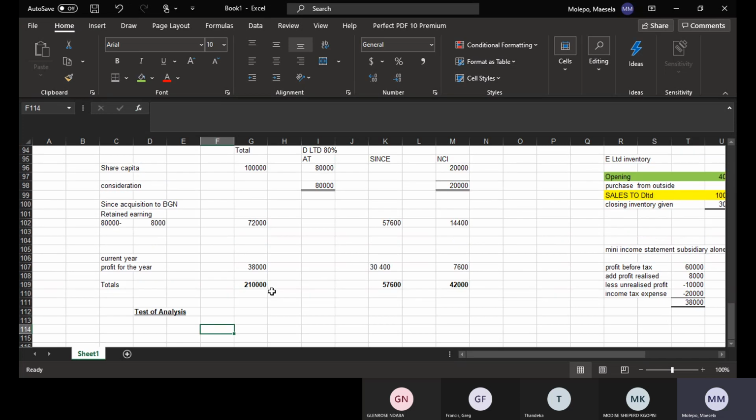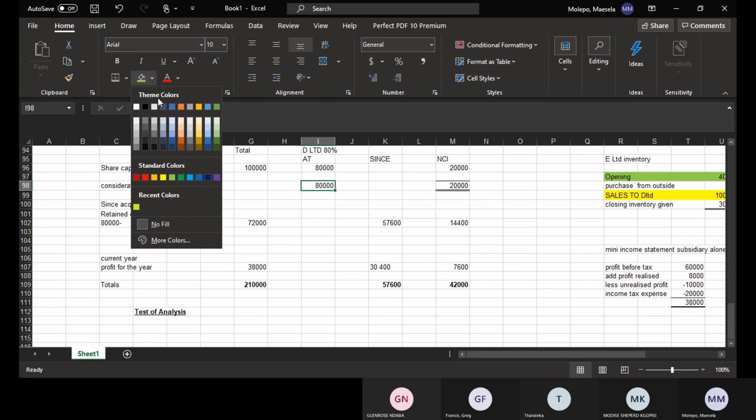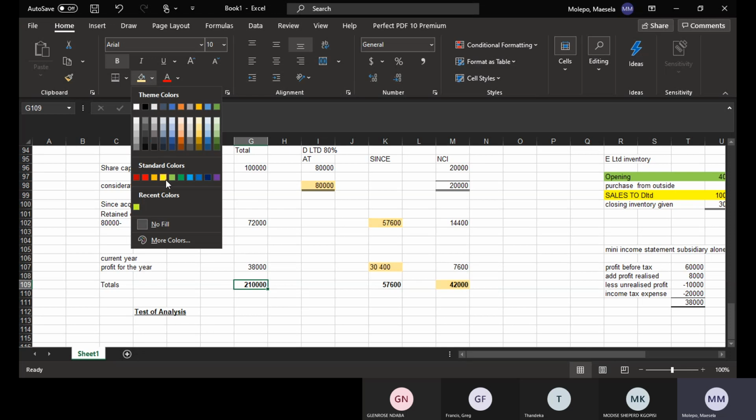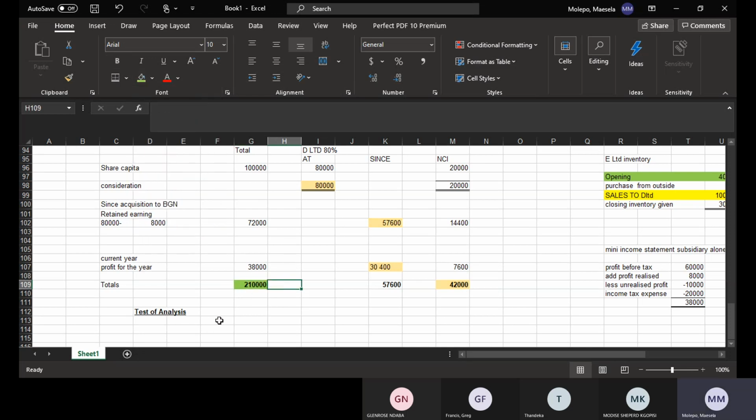So you are going to say this plus this, and then you add with this. If you add this, they must equate to the same value here, 210.